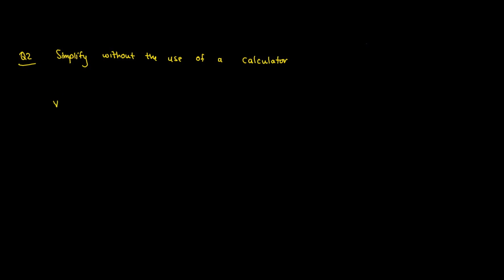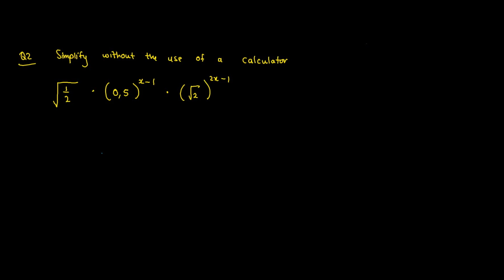So what do we have? We have the square root of a half times 0.5 raised to the power of x minus 1 times the square root of 2 raised to the power of 2x minus 1. And we are required to simplify this expression.